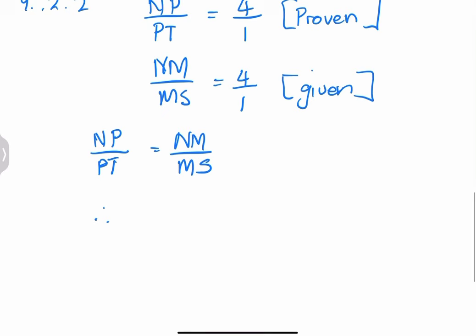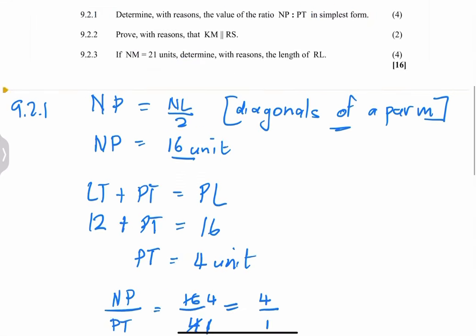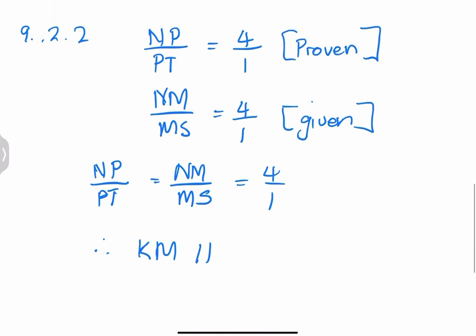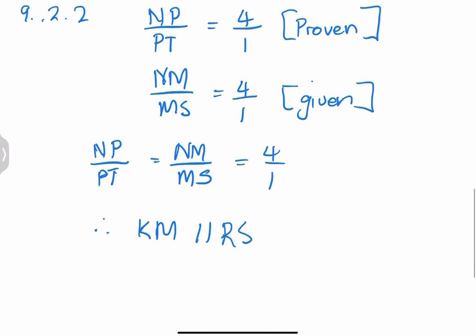So in this case, which is 4:1, therefore it means that KM is parallel to RS. Why? This would be the converse of theorem 1.